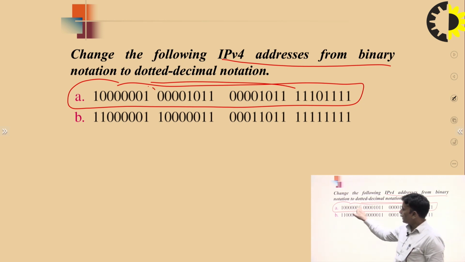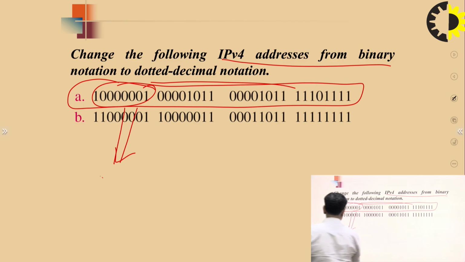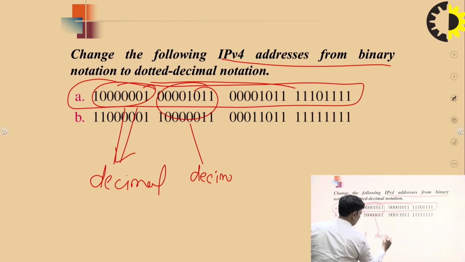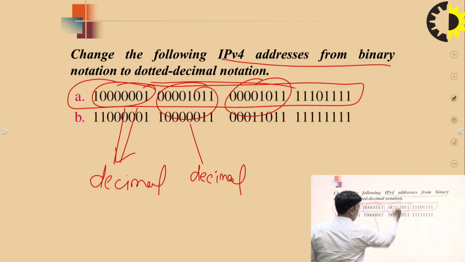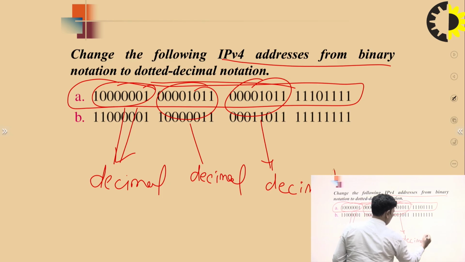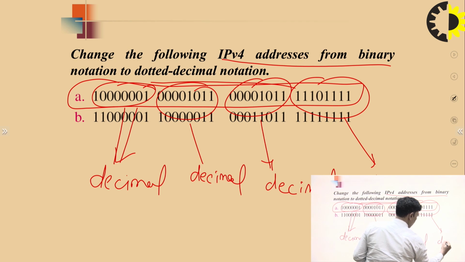The first binary octet is converted into decimal, the second one is also converted into decimal, the third into decimal, and similarly the last one is also converted into decimal.